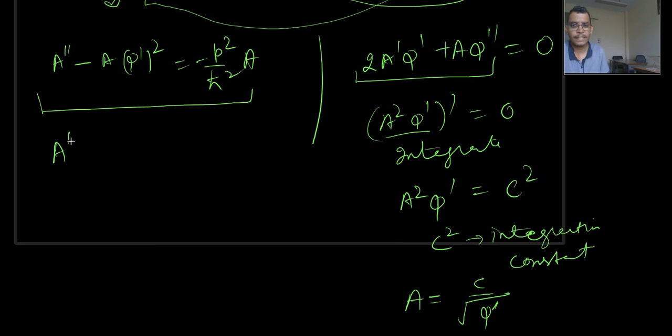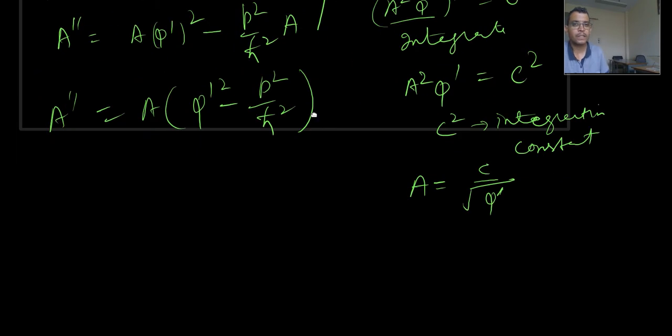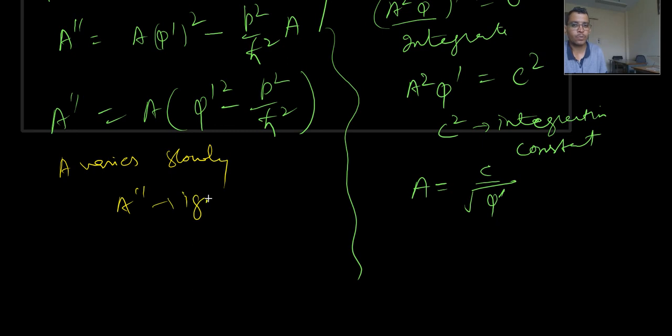So this is the value of a, and let us now look at this part. From here I can write a double prime is equal to a phi prime square minus p square over h cross square into a, and a can be taken outside, so I can write phi prime square minus p square over h cross square, with a outside. And here, since a varies very slowly, a double prime can be ignored.